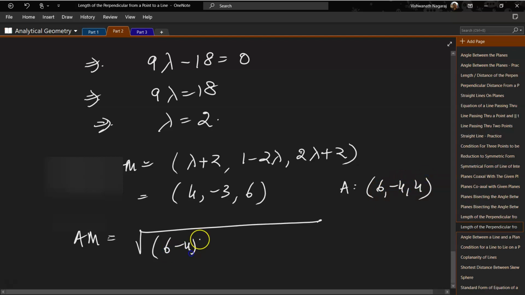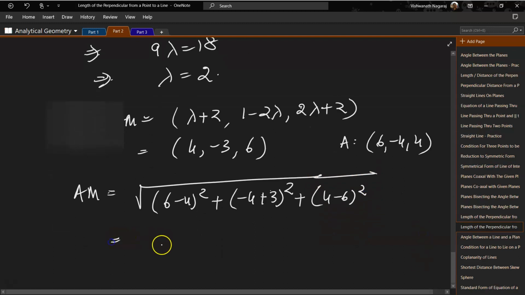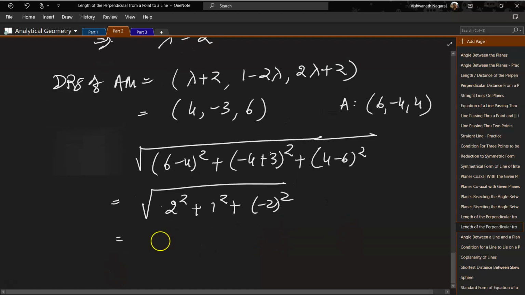So 6 minus 4 squared plus minus 4 minus minus 3, that is plus 3 squared, plus 4 minus 6 squared, which is equal to 2 squared plus 1 squared plus minus 2 squared, which is equal to the square root of 4 plus 1 plus 4, which is the square root of 9, which is equal to 3 units.